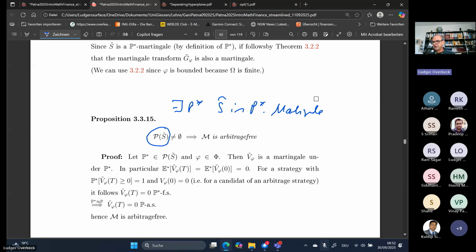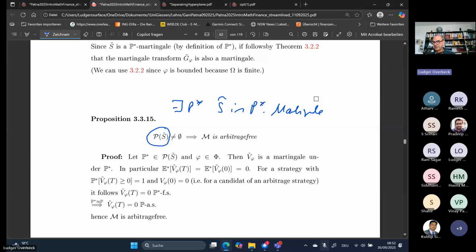If we have now a strategy which is non-negative at final time and starts at 0, that's one necessary assumption of an arbitrage phi: we start with nothing, no initial cost, and we end up non-negative.